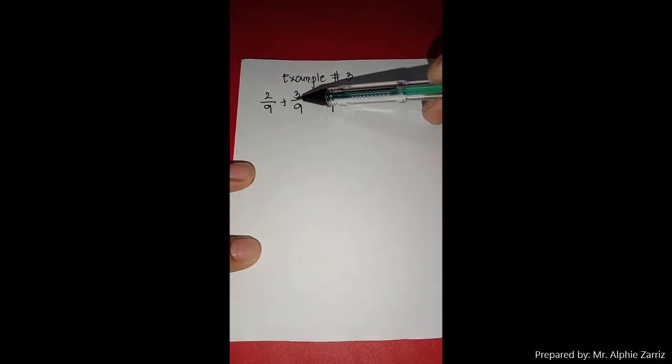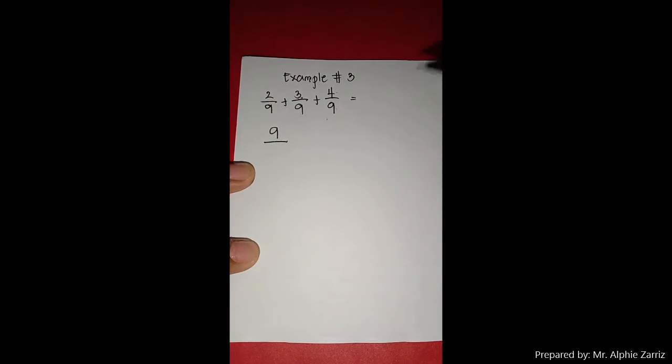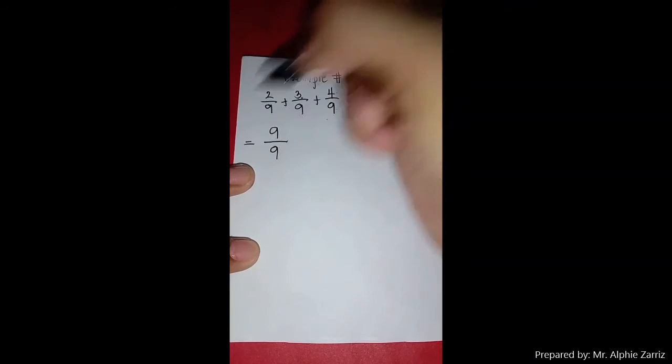So 2 plus 3, we have 5. 5 plus 4, we have 9. Therefore, we have 9 over, and then copy the denominator 9. I will just put the answer here.